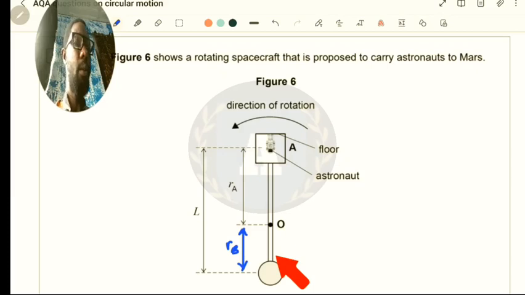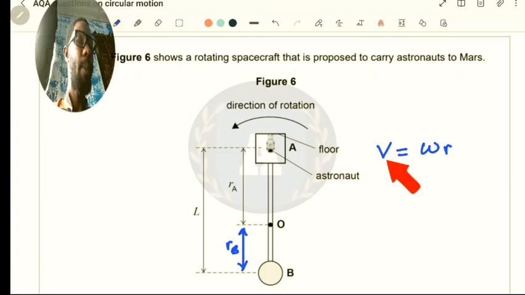Why? From this relation, V, the linear speed, is equal to angular speed multiplied by the radius, which means that the increase in the linear speed will be equivalent to the increase in the radius.